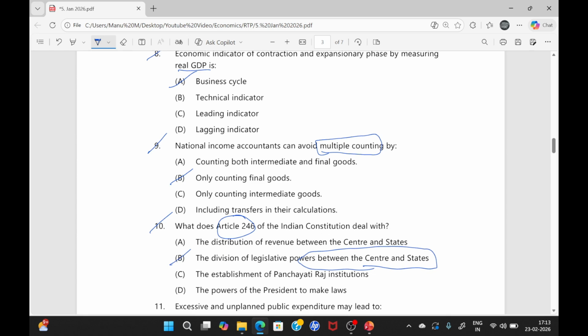We have state governments at the state level, and also a central government at the central level. So who has the power to legislate a particular law? Then we have to see Article 246, which has clearly listed the distribution of powers among the central and state governments. So they have to formulate the law accordingly.